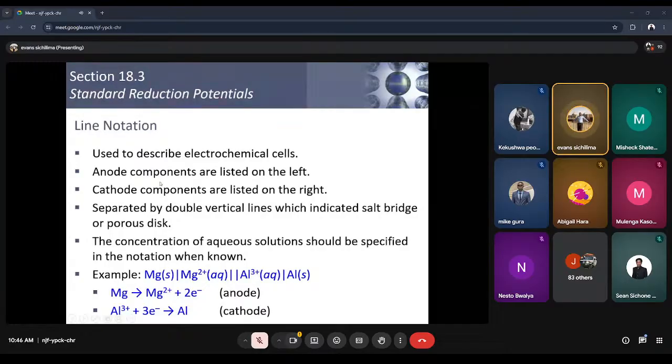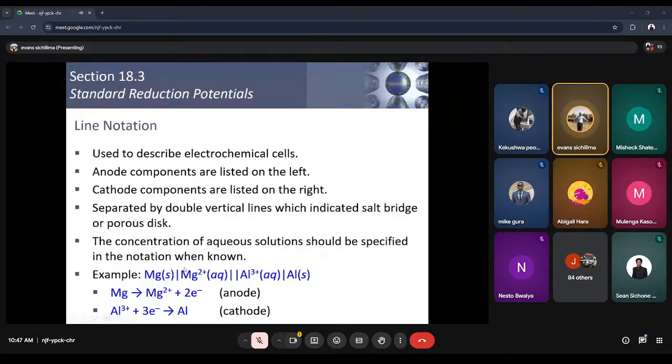Anode components are listed on the left. Please take note of that. Cathode components are listed on the right, just like the way the galvanic cell was presented. These are separated by double vertical lines, which indicate a salt bridge or porous disk. What I'm saying is written here at the bottom: the concentration of the aqueous solution should be specified in the notation when known.